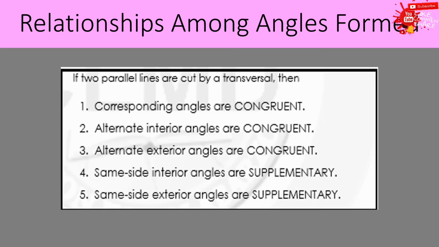Do not forget that if two parallel lines are cut by a transversal, then corresponding angles are congruent. Alternate interior angles are congruent. Alternate exterior angles are congruent. Same side interior angles are supplementary. And same side exterior angles are supplementary.